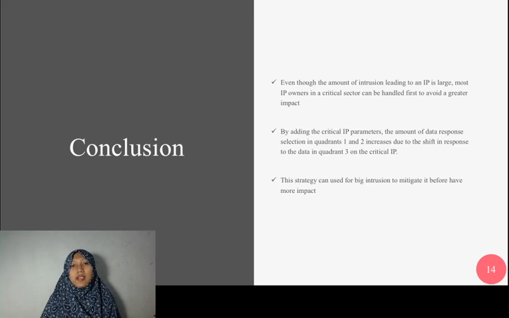And by adding the critical IP parameter and using CVSS as base metric, the amount of data response selection in quadrant 1 and quadrant 2 increases due to the safe response of the data in quadrant 3 on the critical IP. This strategy can be used for a big intrusion to mitigate it before it has more impact.